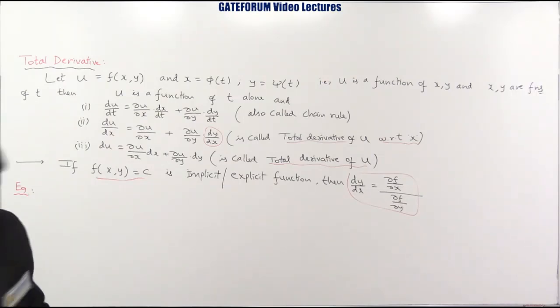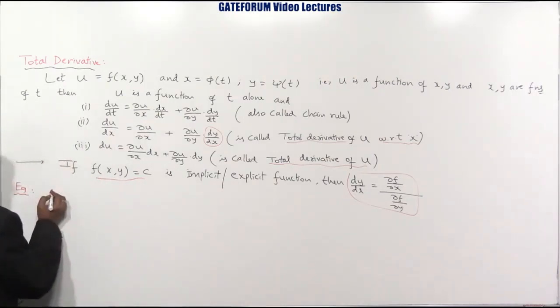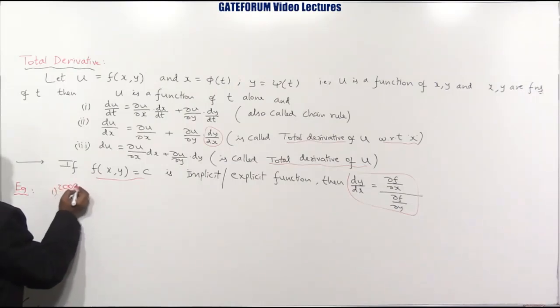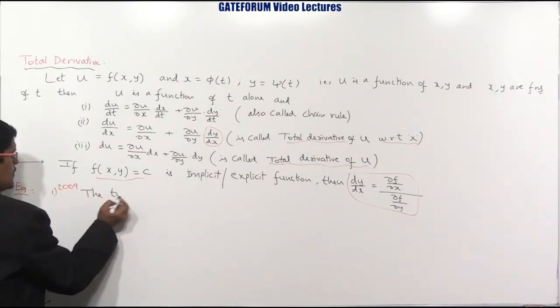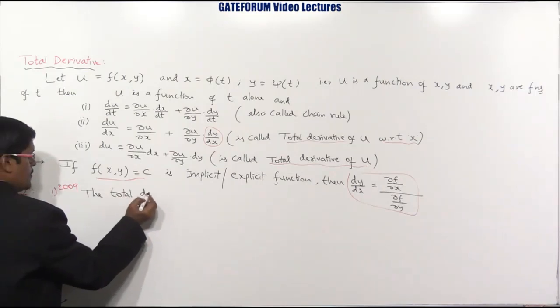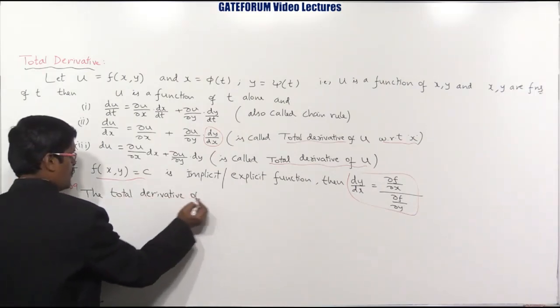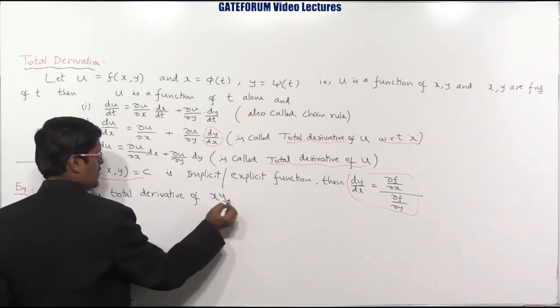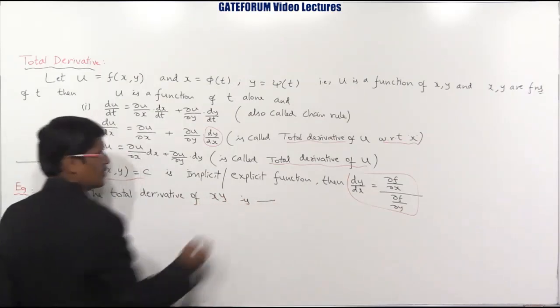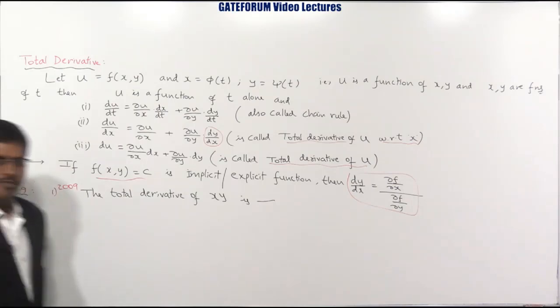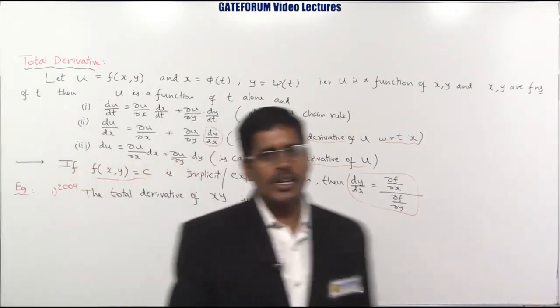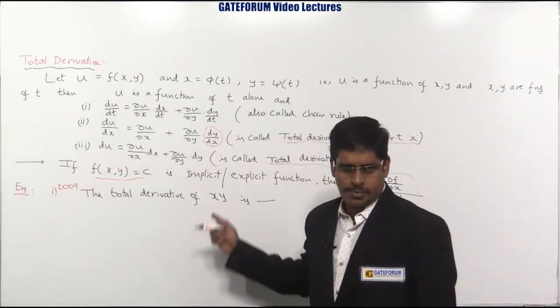I am going to do one GATE problem and one other example. In this case, number 1, this question was asked in 2009, 1 mark. The total derivative of xy is. So, for which function are we finding the total derivative? The function is the product term x into y.